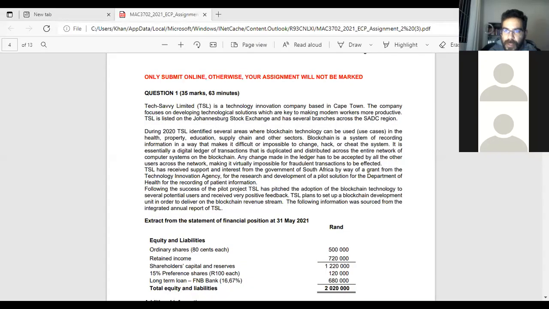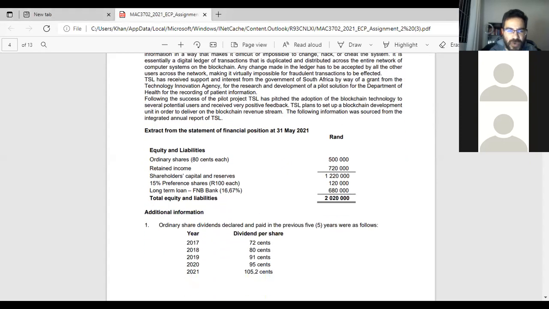Here's the ECP paper, question 1, 35 marks. It's a short scenario.